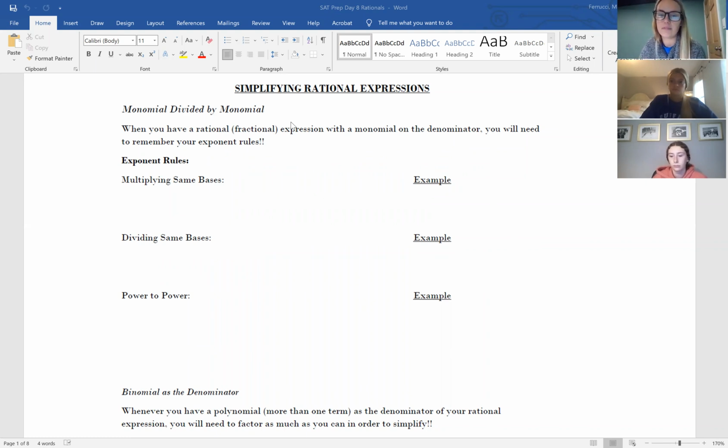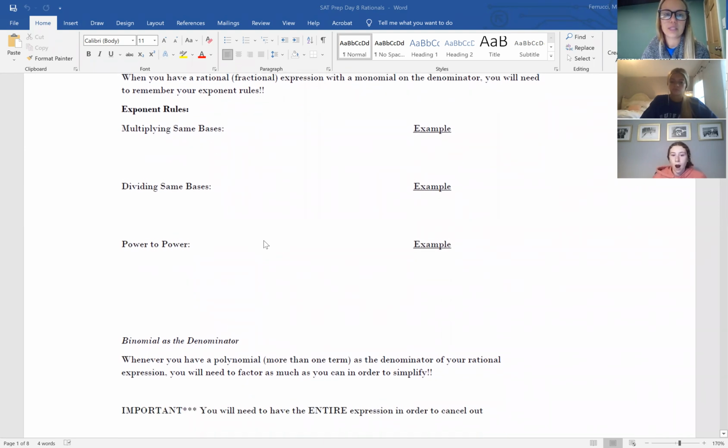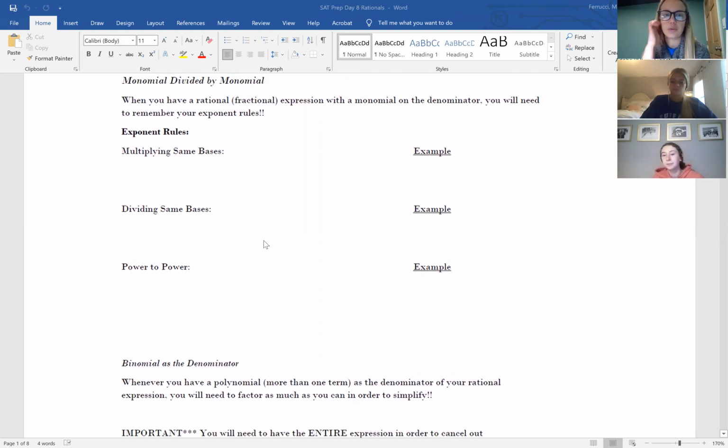They might ask you to simplify it or synthetically divide it or long division divide it, which we won't get into so much today, as opposed to getting into more of the rules before we do the synthetic and long division.